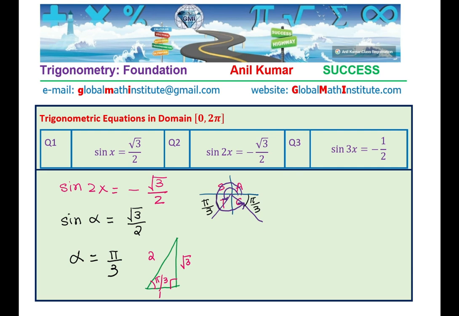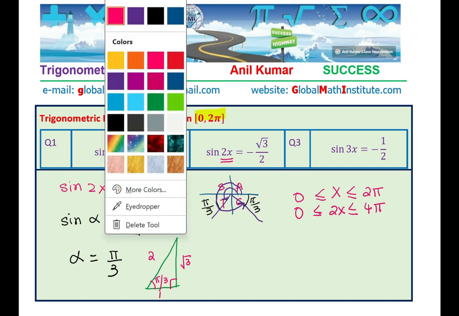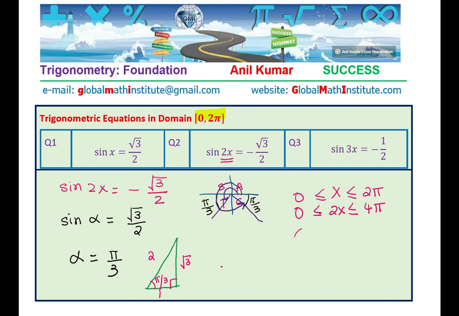What is the twist? The domain given to us is for x, so this really means that x is between 0 to 2 pi. But the question has an argument which is 2x, which means we multiply each by 2. So it becomes 4 pi. 4 pi means 2 circles. Even otherwise, if you want to see the sine waves, how many sine waves will there be within 0 to 2 pi?